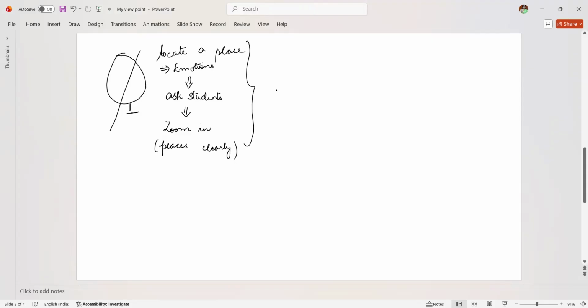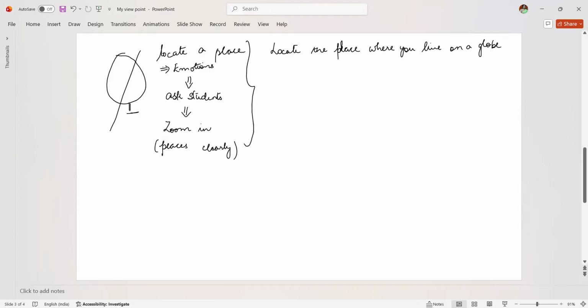So in order to achieve this, my objective will be: locate the place where you live on a globe.